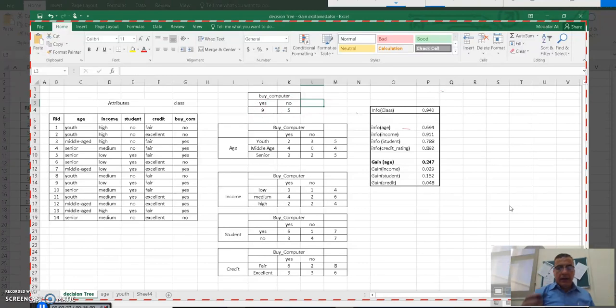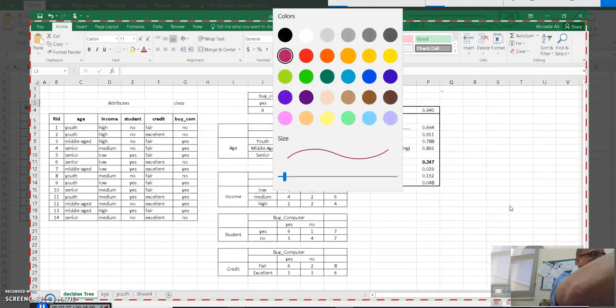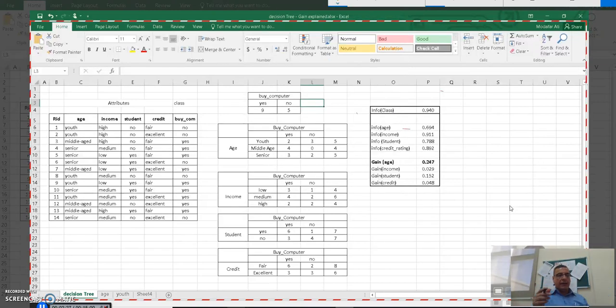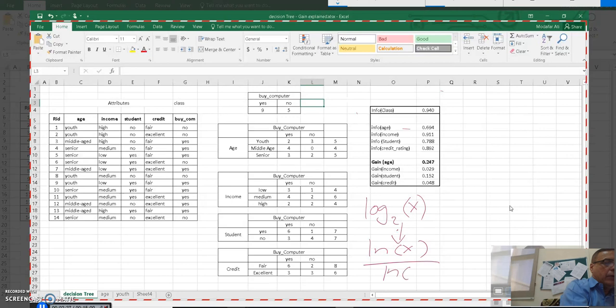If I want to calculate log 2 of x and I don't have log 2 on the calculator, this is equal to ln of x over ln of 2.